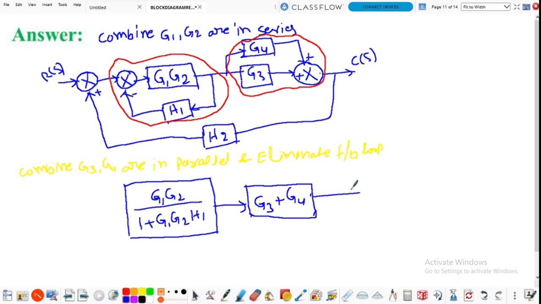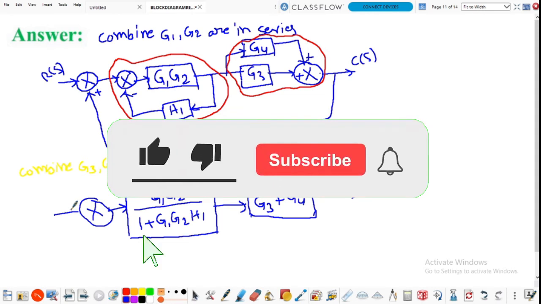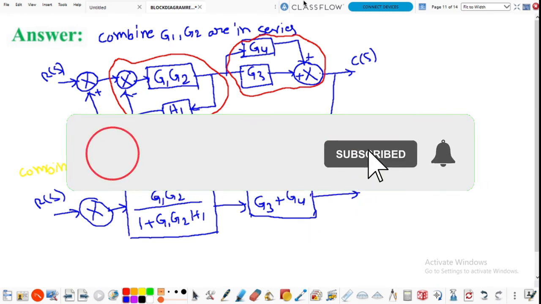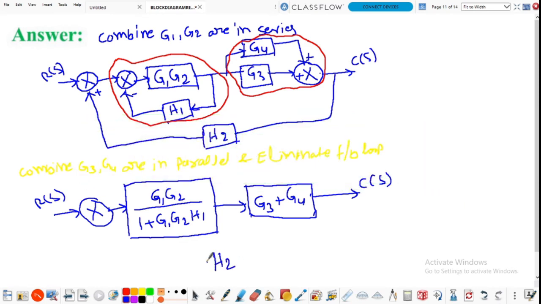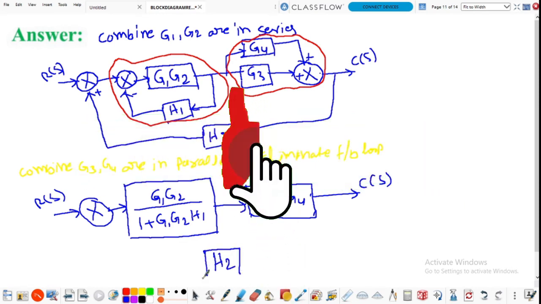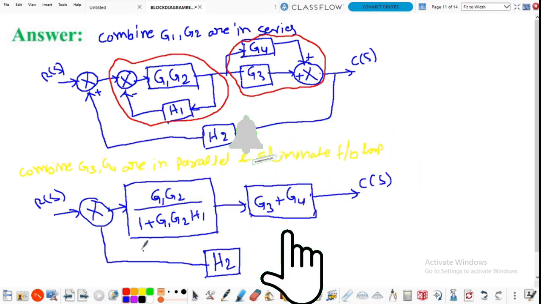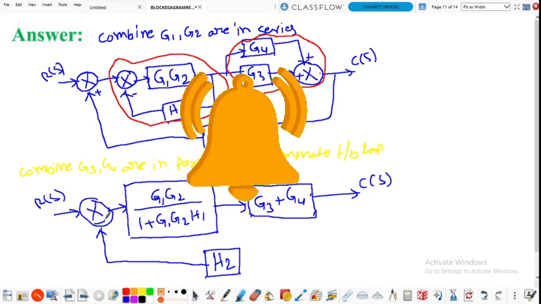What are the remaining blocks? This is the summing point, the input is R of S and the output is C of S, and another feedback loop is H2, and this is positive feedback.